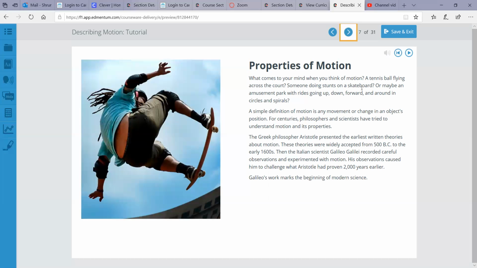But then Italian scientist Galileo Galilei, great name for a scientist, first of all, recorded careful observations and experimented with motion. His observations caused him to challenge what Aristotle had proven 2,000 years earlier. Galileo's work marks the beginning of modern science. Yeah, we're stepping into modernity.